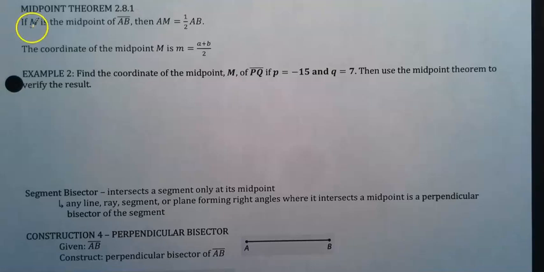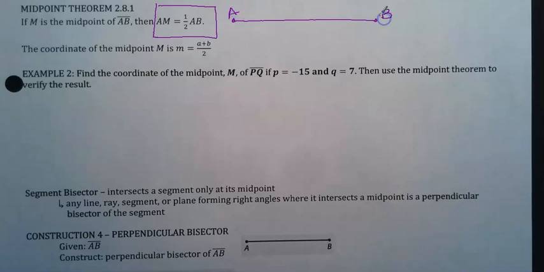All right, so the midpoint theorem says if M is the midpoint of AB, then AM equals 1/2 AB. So again, if we have AB and M is the midpoint, so both sides are congruent, then we know AM equals 1/2 of AB. Well, that makes sense. We're cutting that section in half.